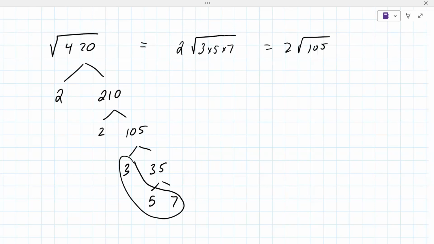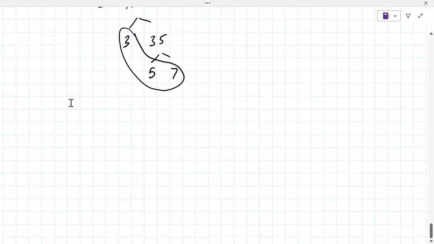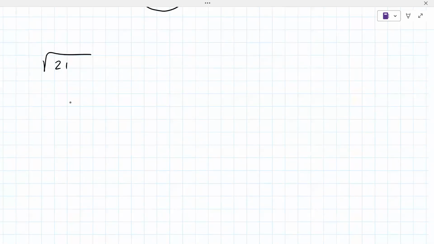All right. Let's try a couple more here. How about the square root of 216?